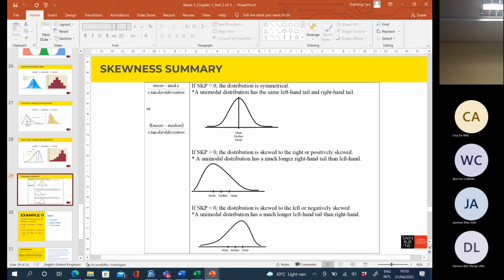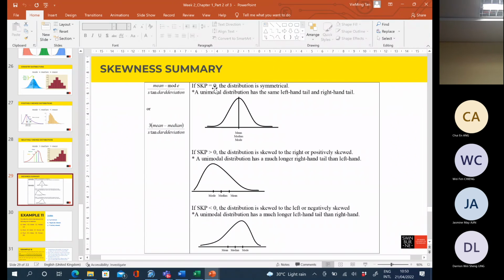If the formula that you use is mean minus mode divided by standard deviation, and the value you get is exactly 0, so SKP is equal to 0, that means the mean equals the mode and equals the median. What is the meaning of SKP 0?